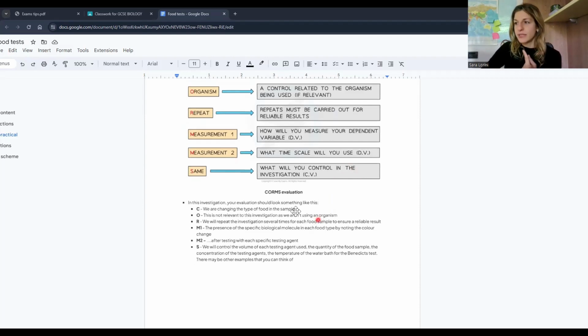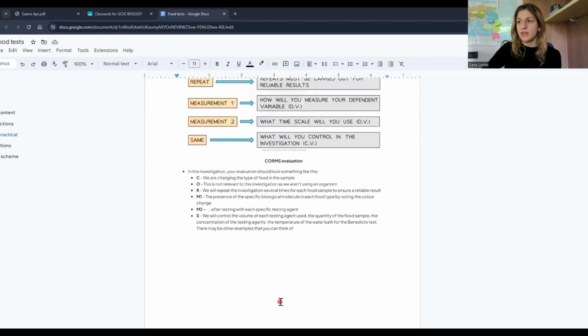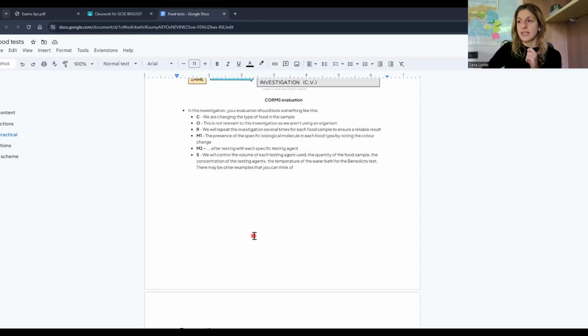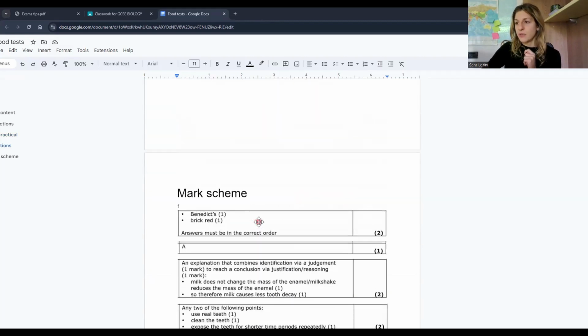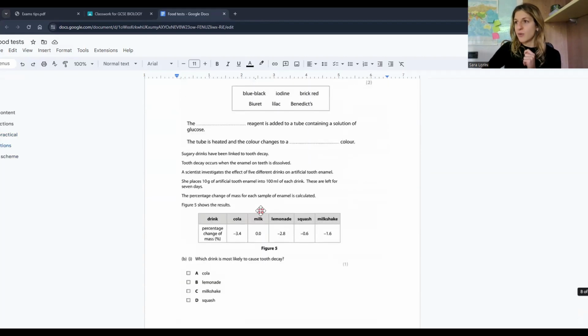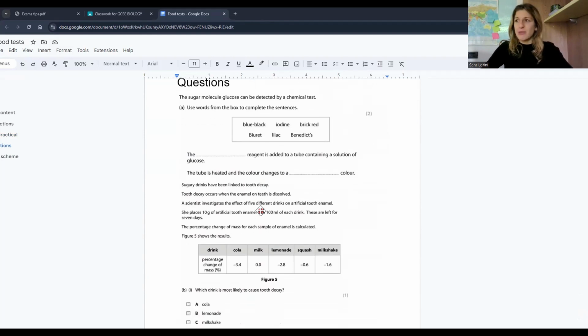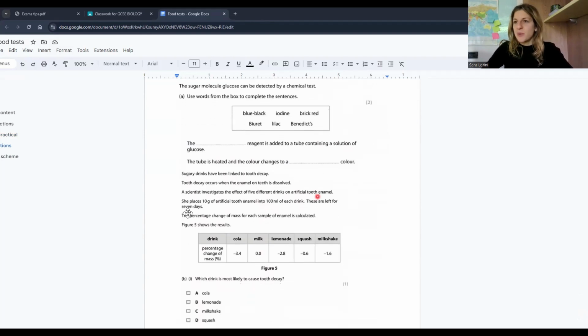So whoever is doing this CORMS evaluation, you can go back to the recording and check the CORMS for this. Otherwise, we'll go straight into a couple of questions, okay? We have the mark scheme over here, but just so that you see that, okay, sure, it's a very simple topic, but then can you apply it to questions? Let's try. Pause the recording if you're watching and give it a go.